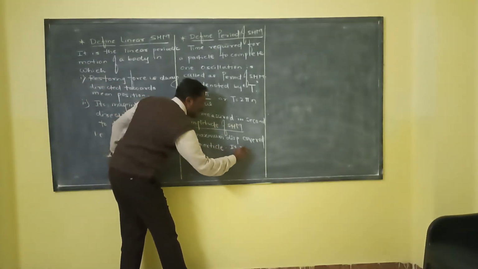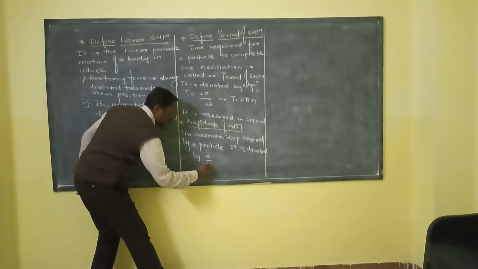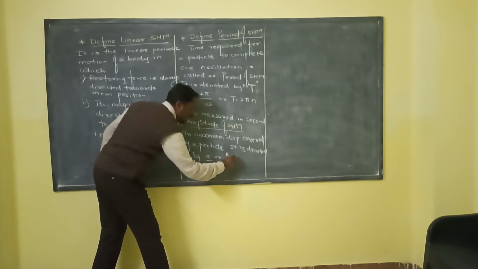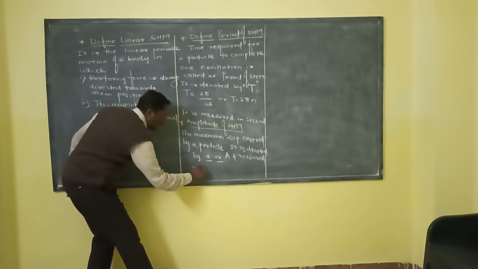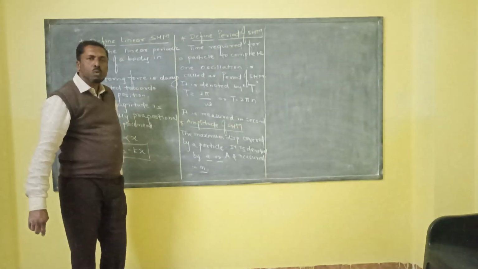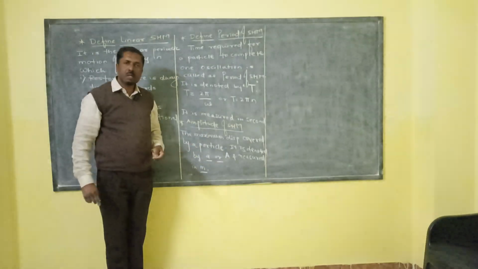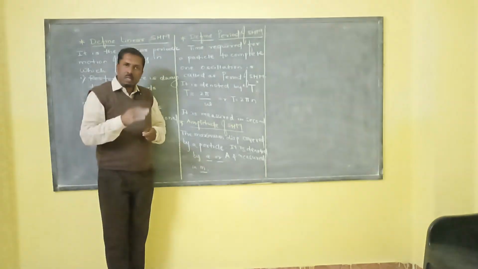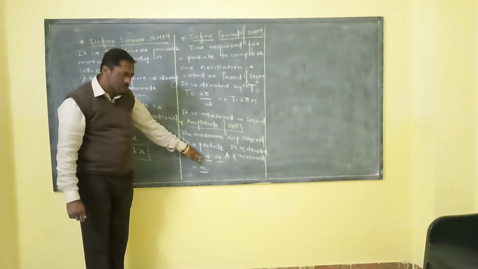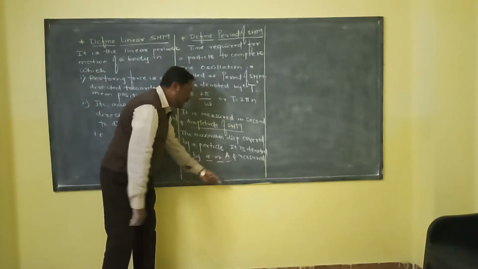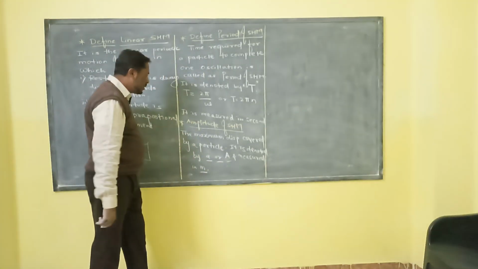It is denoted sometimes by small a, sometimes capital A, and measured in meter. So the maximum displacement covered by a particle while performing oscillation is called the amplitude of SHM, measured in meter in the SI system and centimeter in the CGS system.